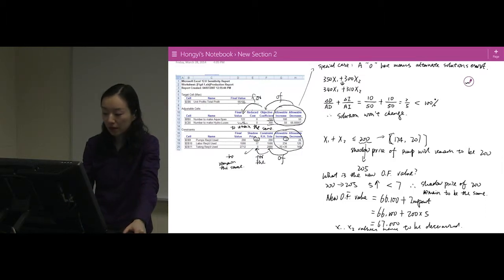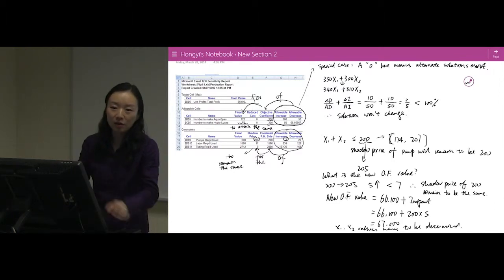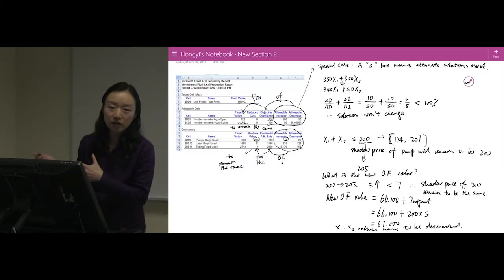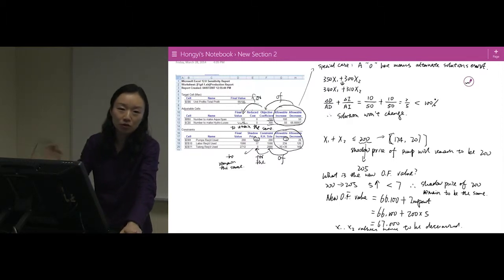But because the objective is to maximize the profit, the management is probably only interested in knowing whether it is worth getting more resource for those binding constraints. If it's worth it, then we'll just figure out a new solution. So it answers the first question, whether it's worth getting new resource.